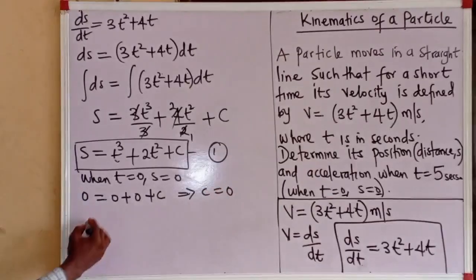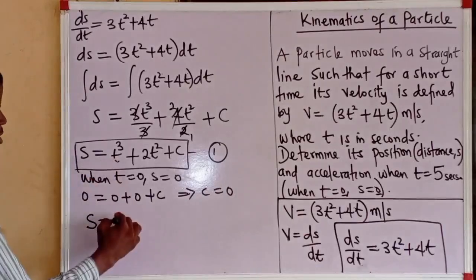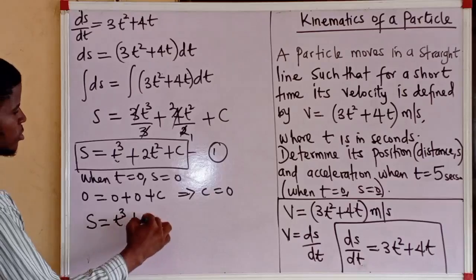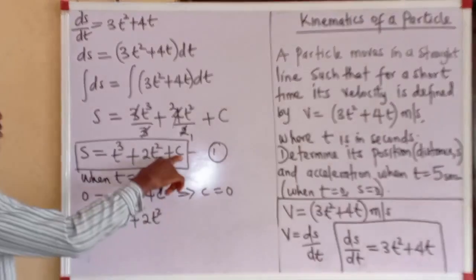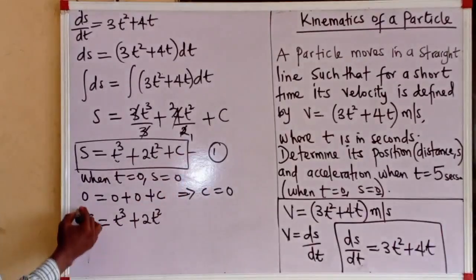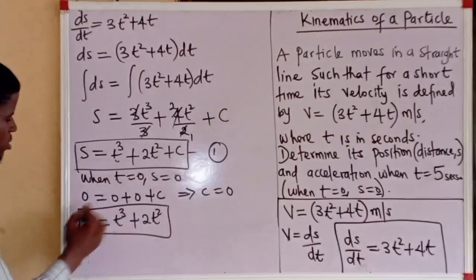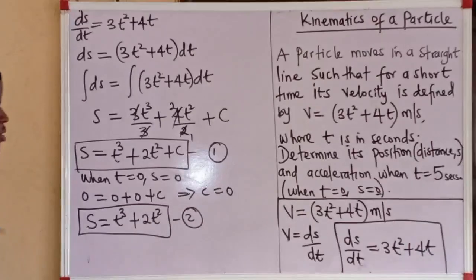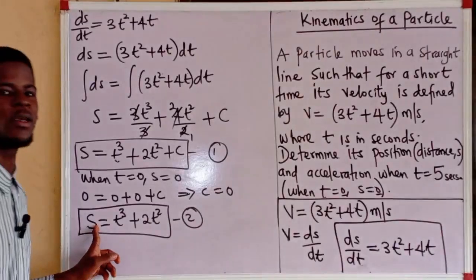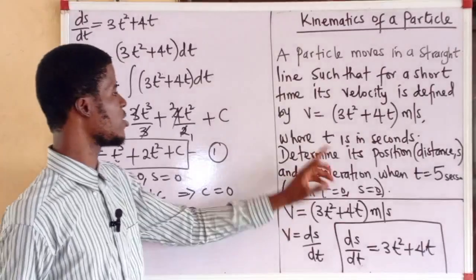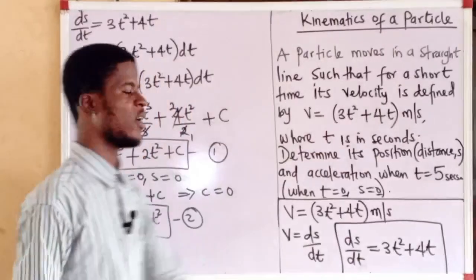So the distance s will now be equal to t cubed plus 2t squared plus 0, and plus 0 is still the same thing. Let's call this equation 2. This is the distance equation. The question says we should determine the distance when t is equal to 5 seconds.